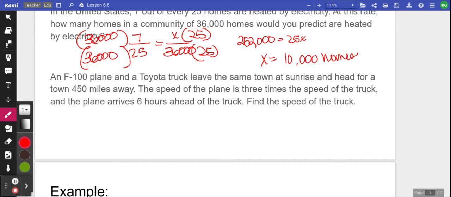So for our miles per hour equations, we need the rate. And the only thing we know about the rate is the plane is 3 times the truck. So I'm going to give the plane 3x and give the truck just x. Times time, which we both know that both of these are 6 hours, equals distance, which is 450 for both of them.